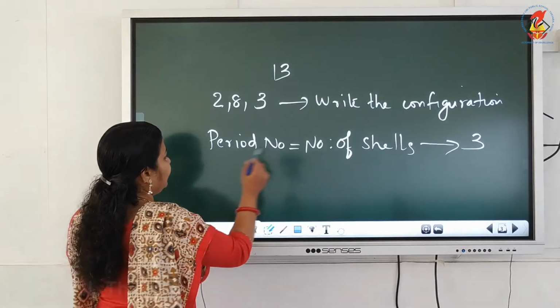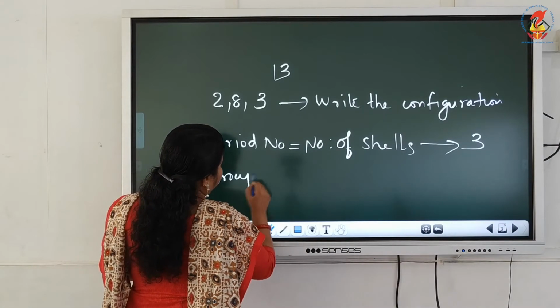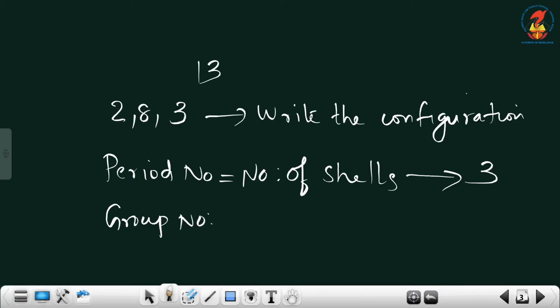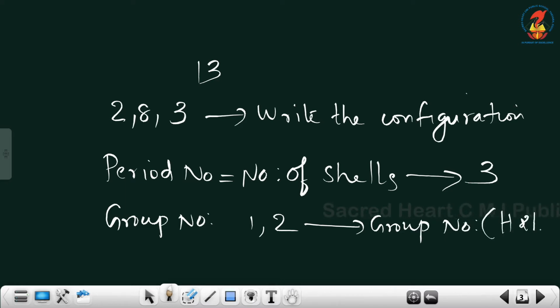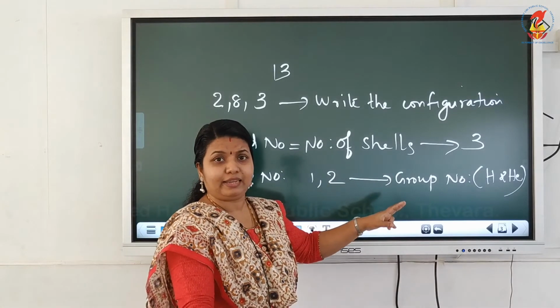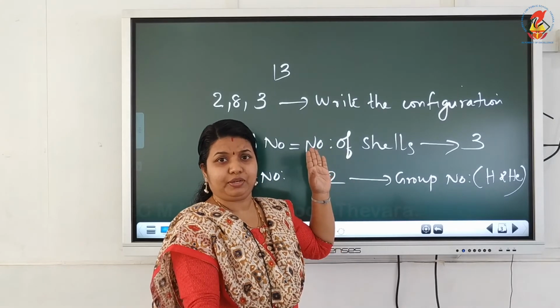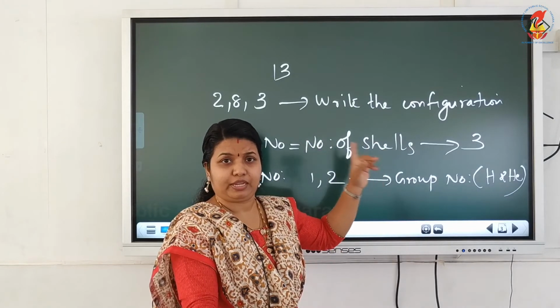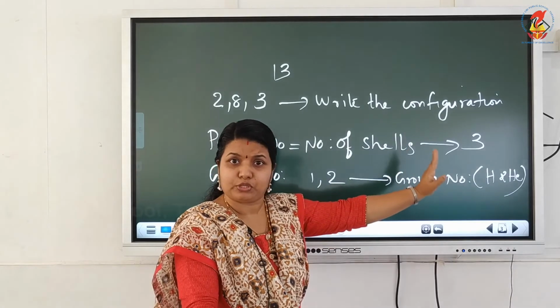Then group number. Now, you have to find the group number. For that you have to check the number of valence electrons. If the number of valence electrons is 1 or 2, that is the group number, with the exception of hydrogen and helium. Hydrogen is a unique element, helium is a noble gas. So, first write the electronic configuration, count the number of shells that corresponds to the period number.